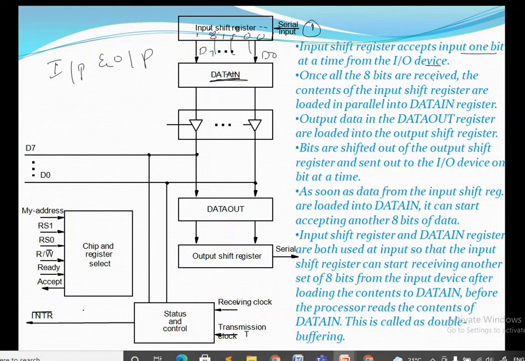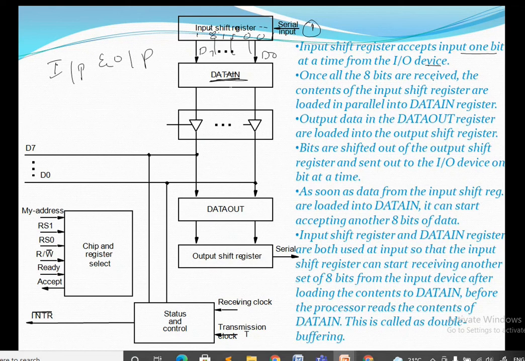Also, if the device is not ready for performing either a read or write operation, the corresponding information should be set in the status flag. In case the device has some valid data, the device can send an interrupt signal to the processor indicating that it has some valid data in the data out register.